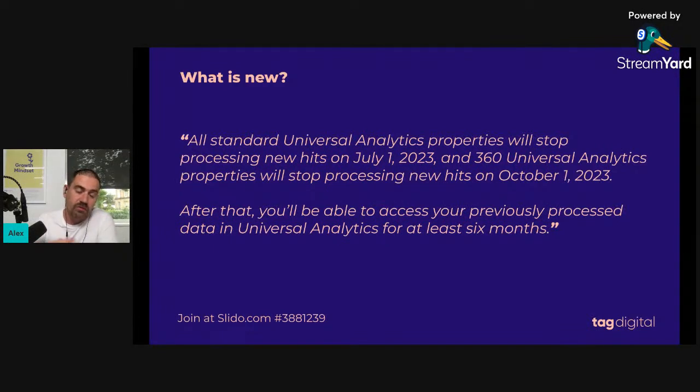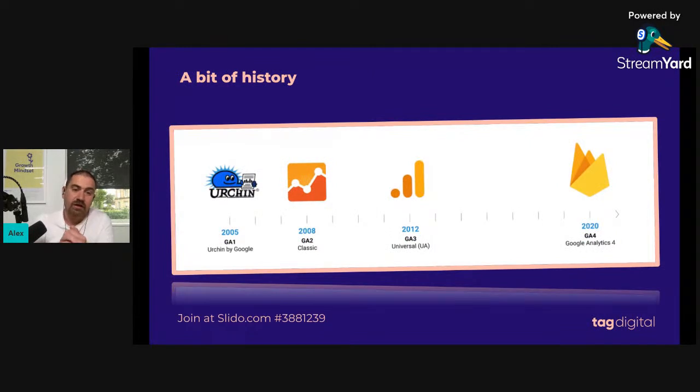But before we dive into what exactly that means, a little bit of history. These are interesting facts, at least interesting for me, and I hope for you as well. So how did it all happen with Google Analytics? It started when Google acquired Urchin Software Corporation in April 2005.